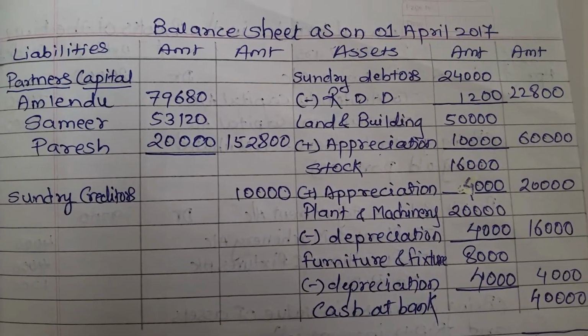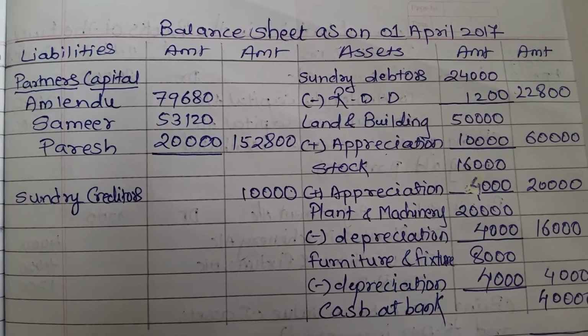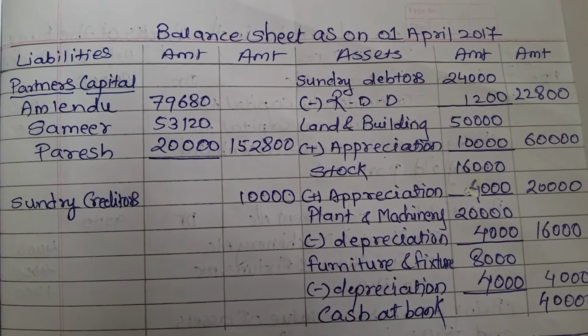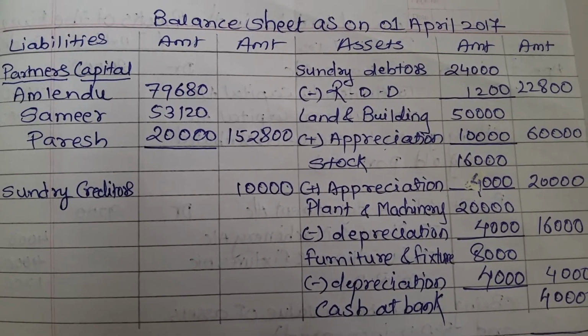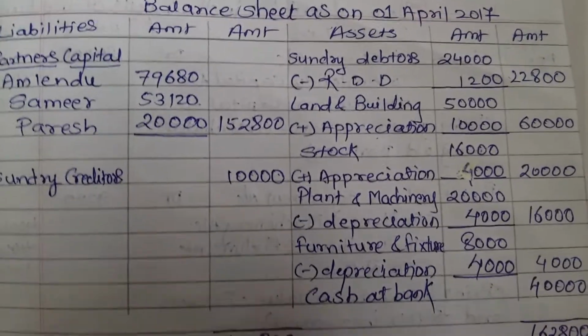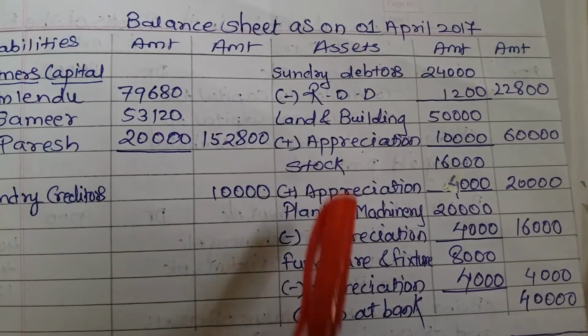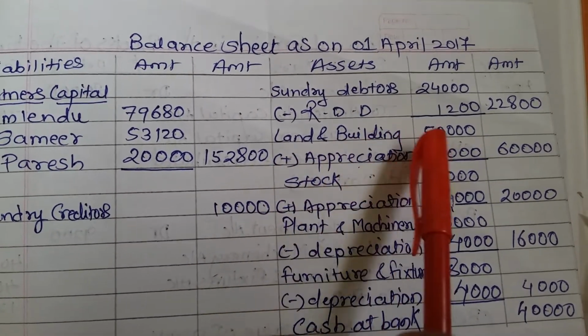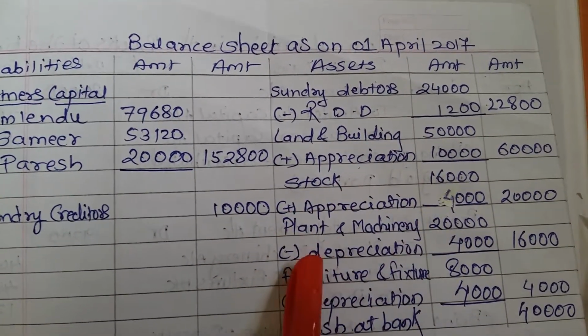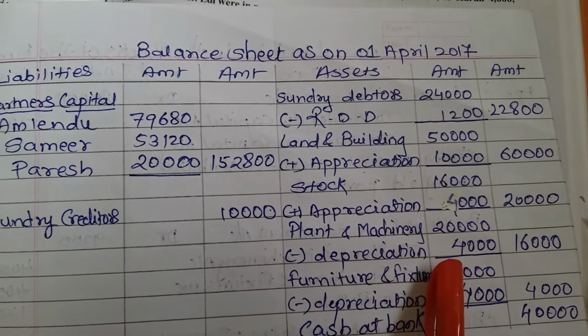See, the balance sheet is given. We prepare the balance sheet as on 1st April 2017, after the new partner joins. As the first step, I am transferring all the assets to the new balance sheet as they are, and if there is an adjustment, leave one line.